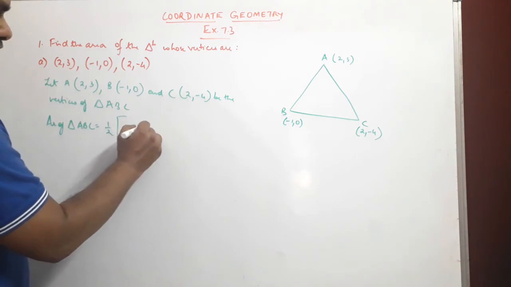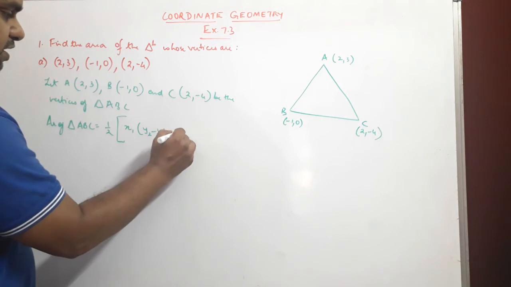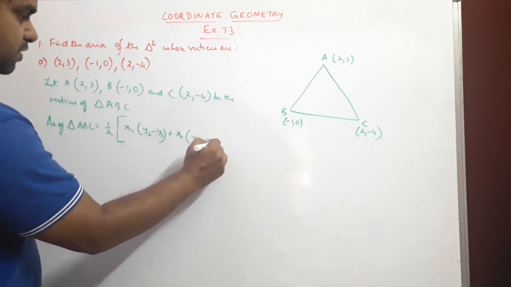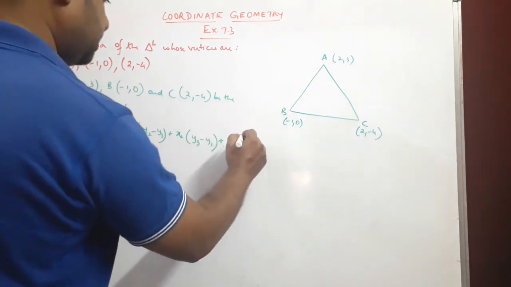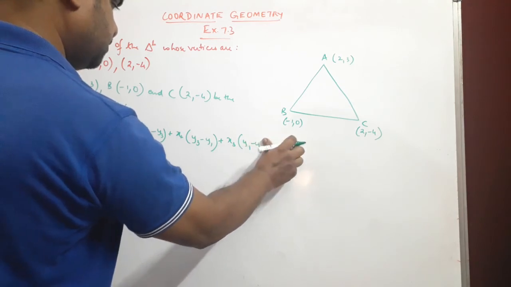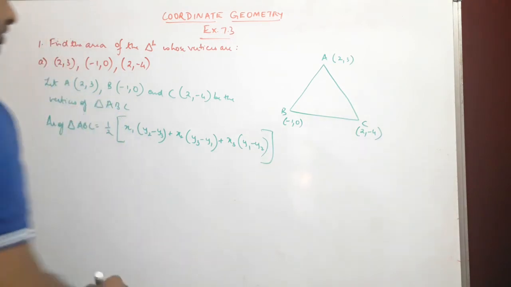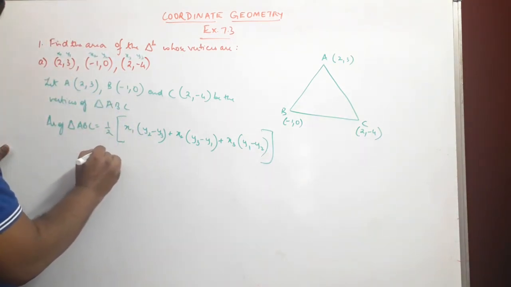x1 into y2 minus y3 plus x2 into y3 minus y1 plus x3 into y1 minus y2 in brackets. Now we'll substitute the values of x and y.